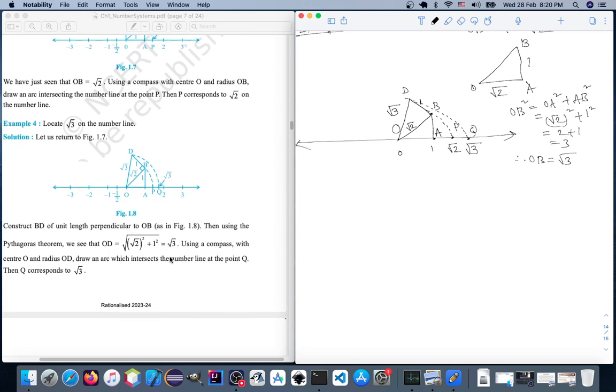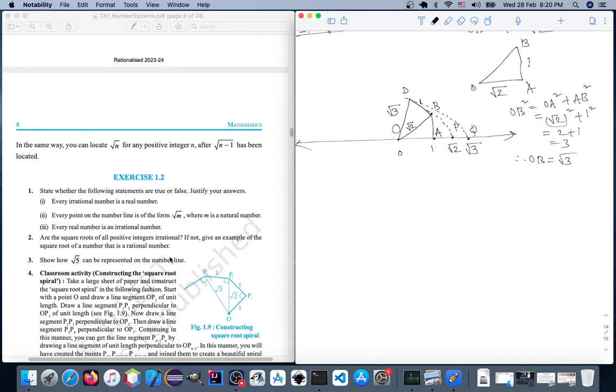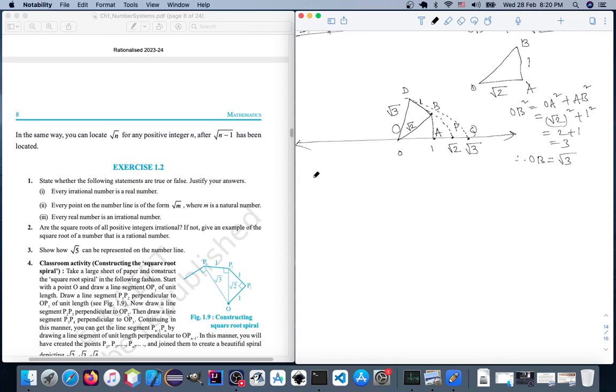So this we have seen. Now this is a very important concept that is written: to locate the irrational, not irrational number, because root n may not be an irrational number, like root 4, it is 2. 2 is not an irrational number.